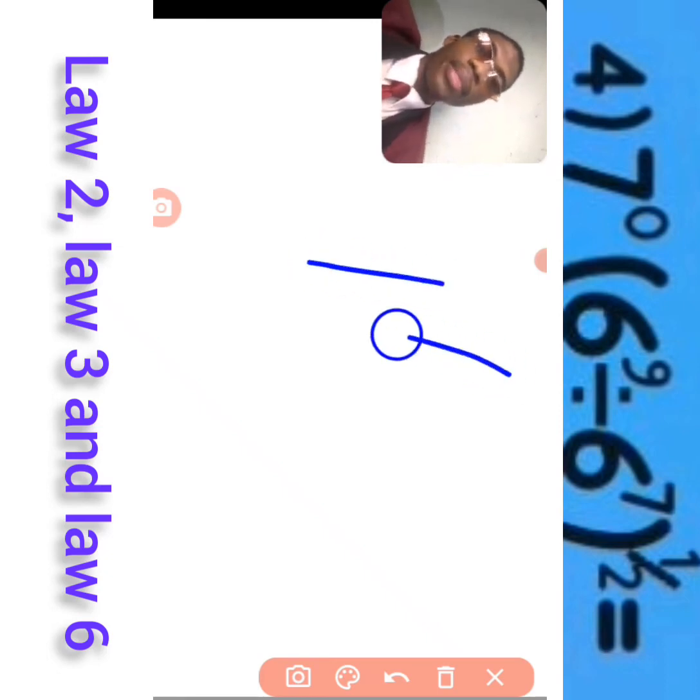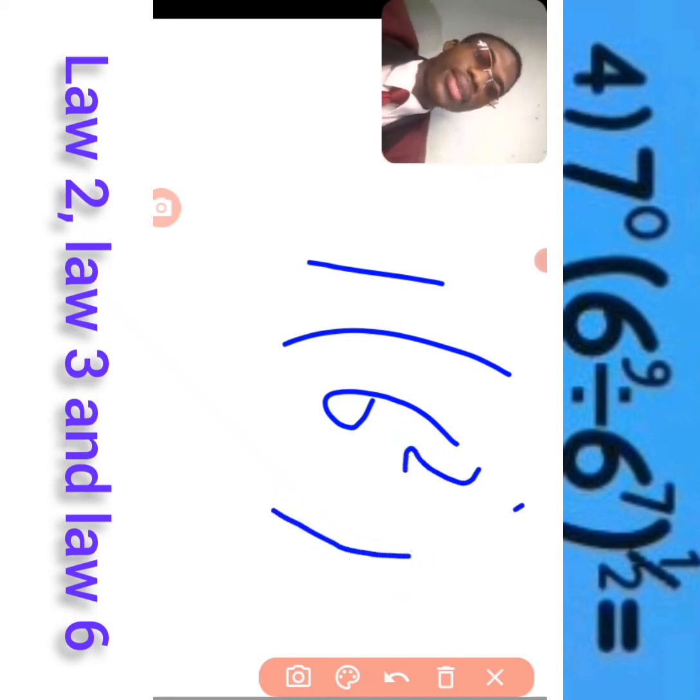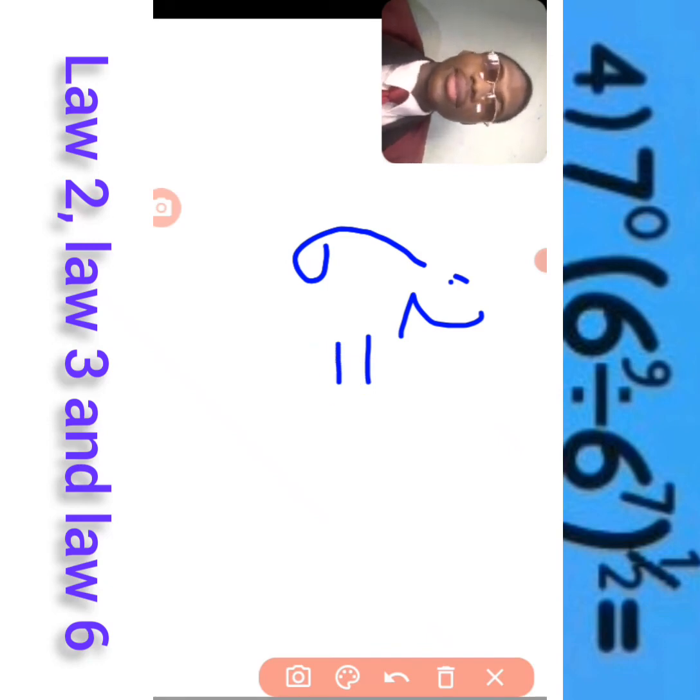From there we have 6 raised to the power 2, all this to the power of a half. And 6 squared is the same as 6 times 6, which is 36.